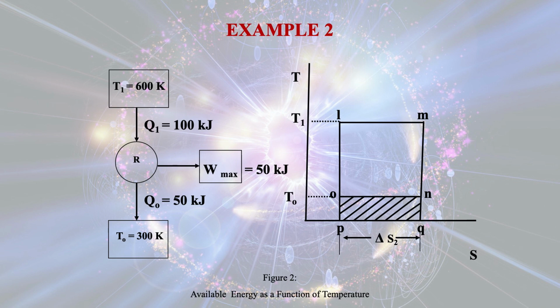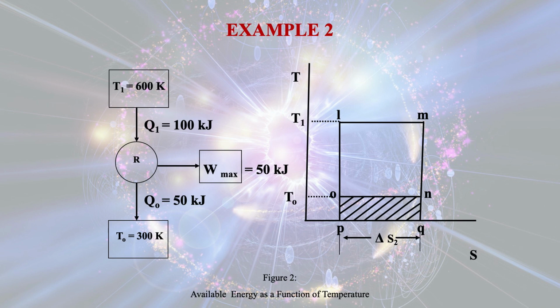Q1 is the heat input to the engine for producing work, that is 100 kilojoule, and W max, in this case we are getting 50 kilojoule, and the heat rejected to the sink is 50 kilojoule, that is equal to Q naught, and here the temperature T0 is 300 Kelvin, and the process is depicted in the temperature entropy diagram. So this figure is available energy as a function of temperature.